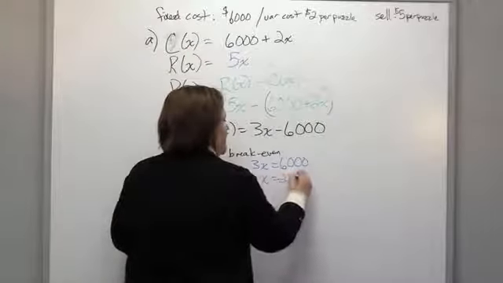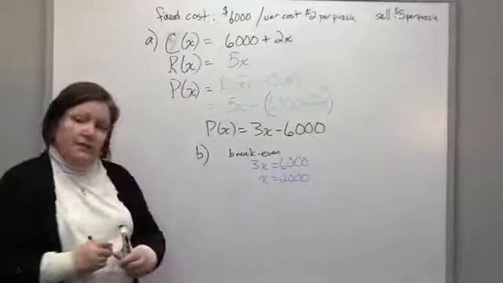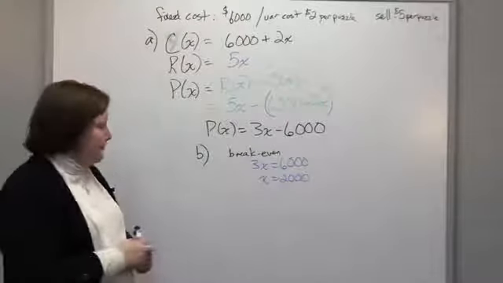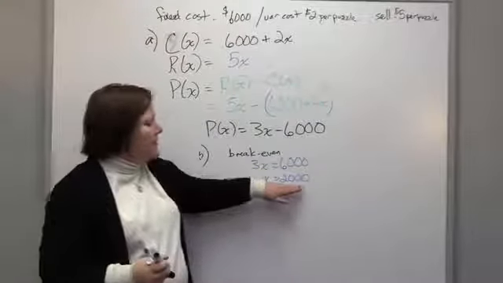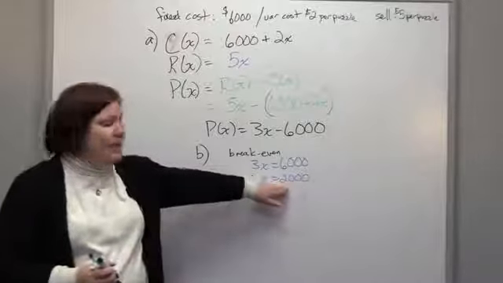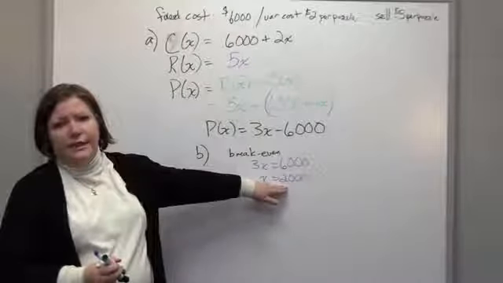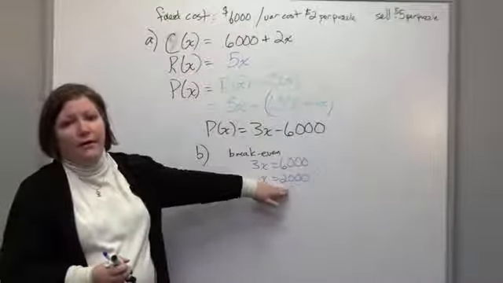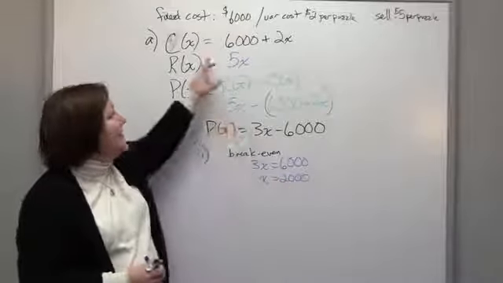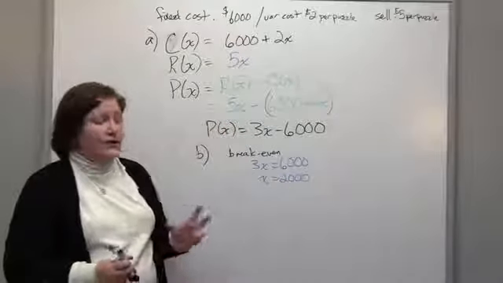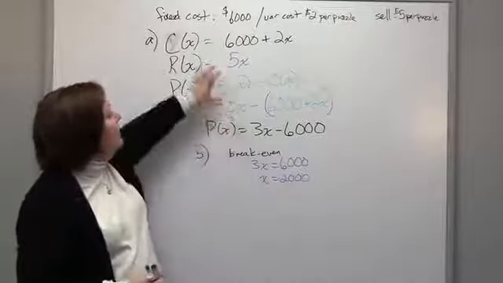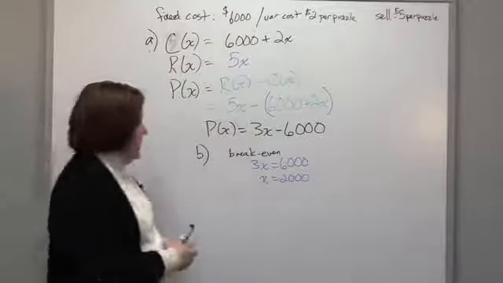In other words, 2,000 jigsaw puzzles. This one is important to know because if you're trying to graph this with technology, you'll want to know what window to set so you can actually see both lines. Because with our default window, we wouldn't be able to see all of the lines.